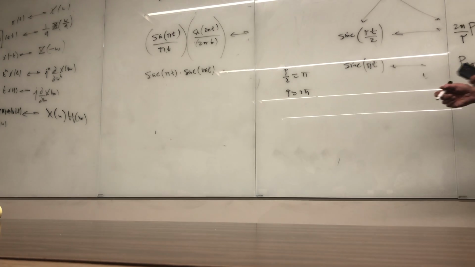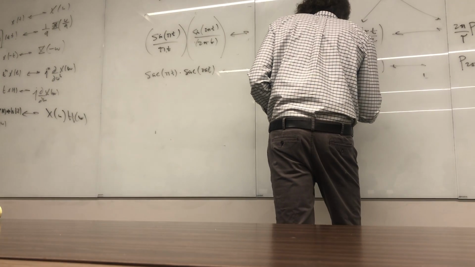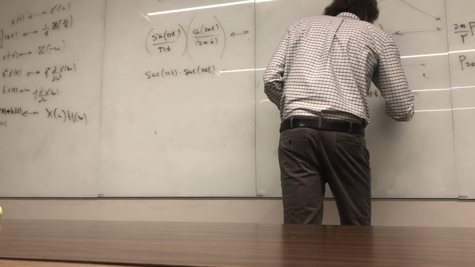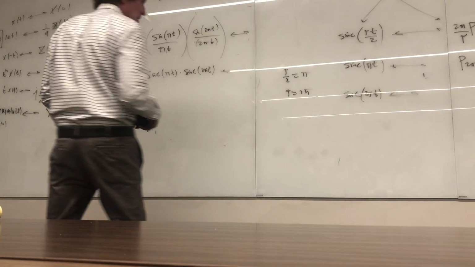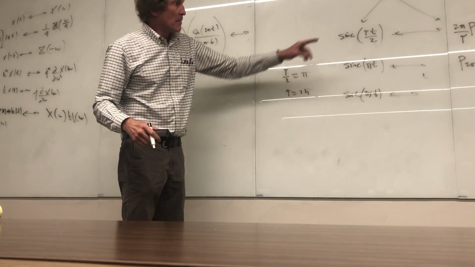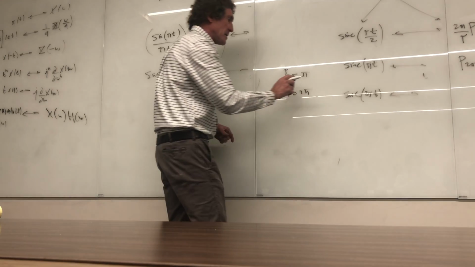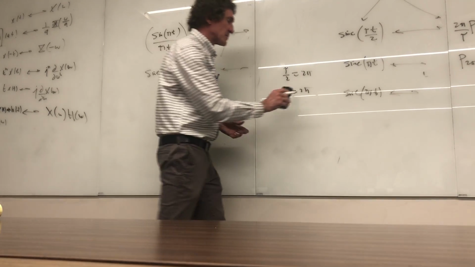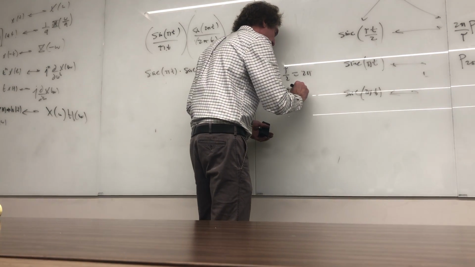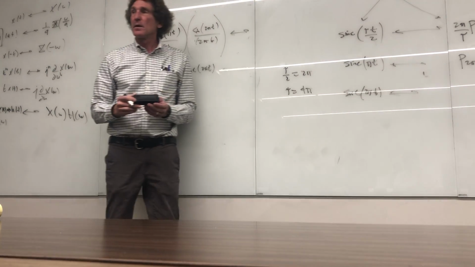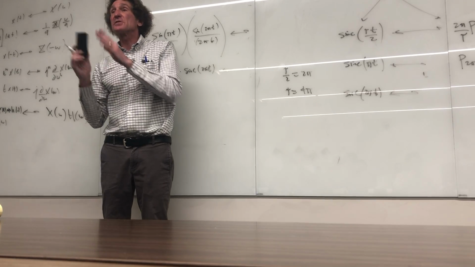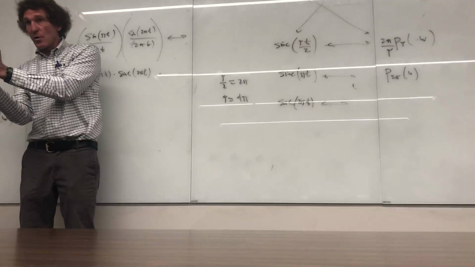Next, what happens? When I have sinc of 2 pi t, what goes on? Well, now my tau over 2 becomes 2 pi, and therefore tau is 4 pi. Do you all agree with me here? It's just looking there and equating things.